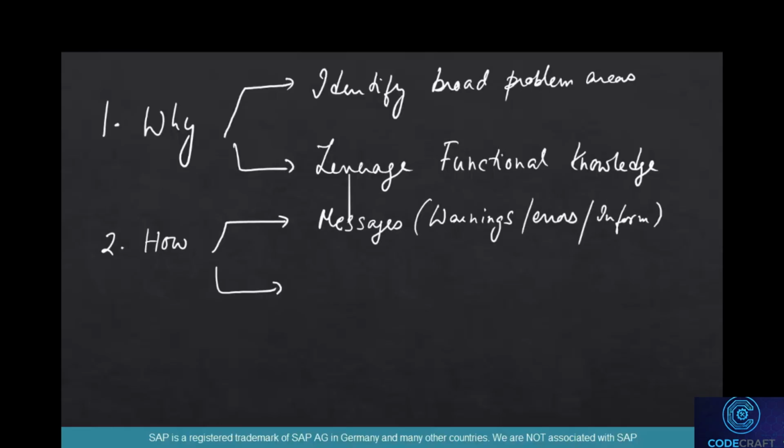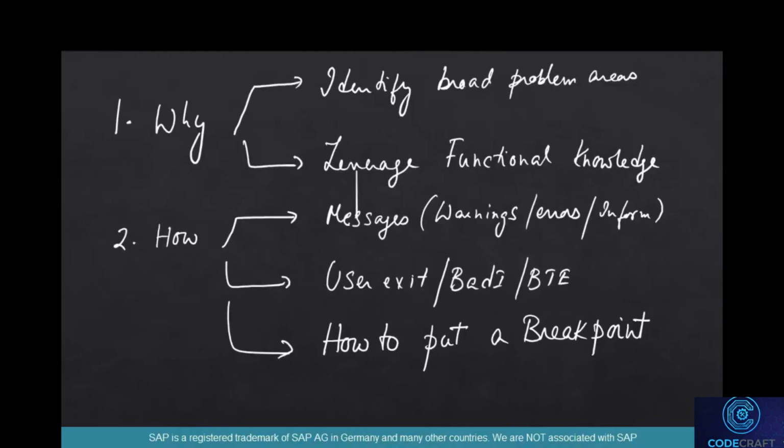The second method is by knowing which user exit might potentially be the source of a problem. So a good understanding of which user exit to put a breakpoint on, or a BAdI or a BTE, would be extremely useful in most of the cases. And of course, we know how to put a breakpoint.